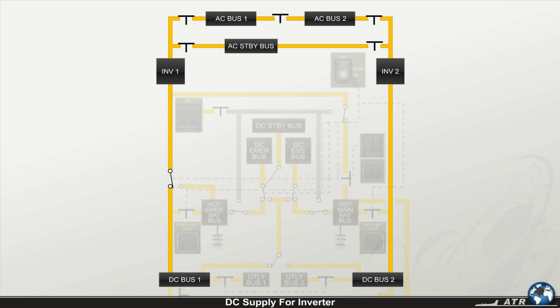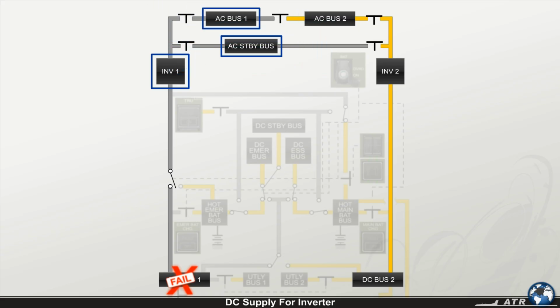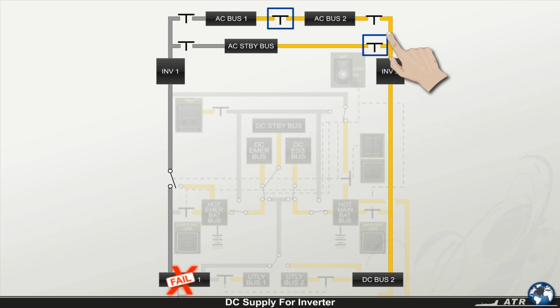If one of the main DC buses is lost, the associated inverter, and by consequence the associated buses, are no longer supplied. When this happens, the bus tie relay automatically closes and supplies the affected AC buses with voltage from the remaining inverter via its associated buses.